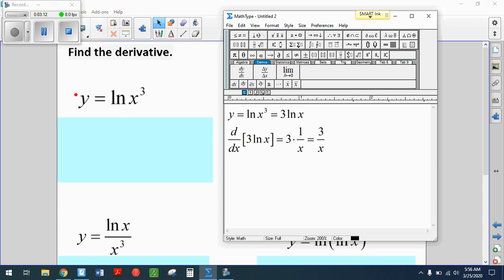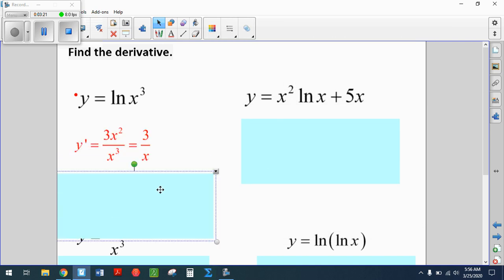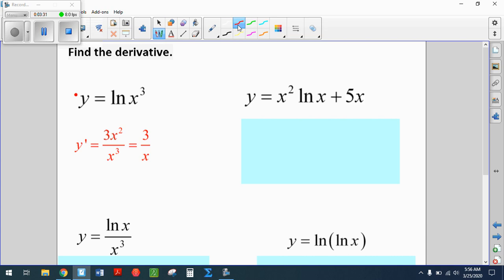Now, I don't think that's what I did originally, so let's see what I did originally. So originally I said that the derivative of natural log x cubed is going to be 1 over x cubed. That's where the x cubed came from on the bottom. Times the derivative of x cubed, so using the chain rule.